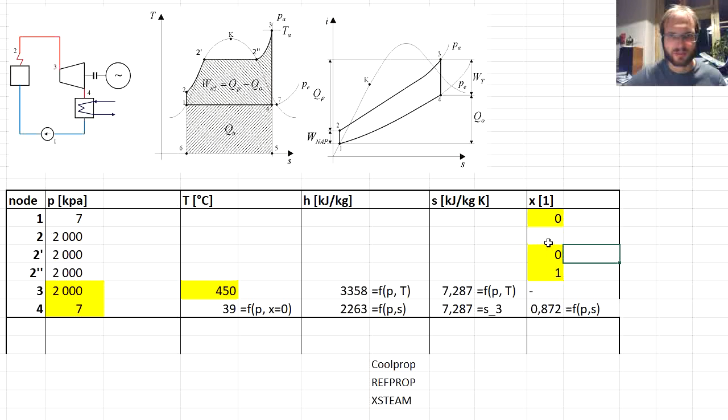So, if we were using the correlations of thermodynamic properties, we would already have two independent thermodynamic variables, the quality and the pressure. So, we could write that all temperature, enthalpy and entropy would be a function of pressure and quality.